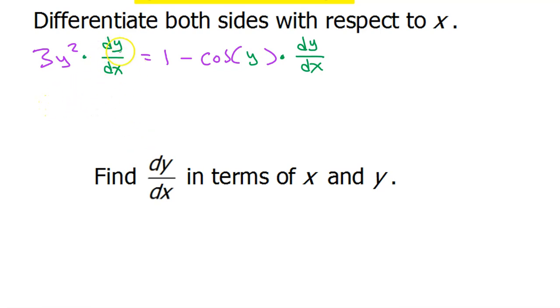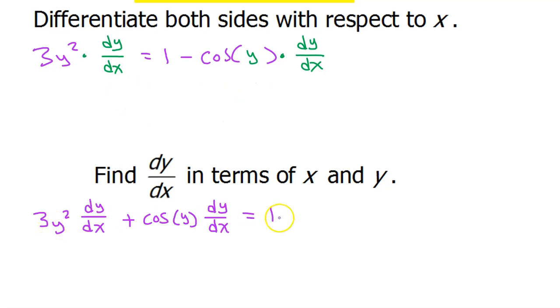I'm noticing that we have this dy dx here and here. So the first step is to get both of the factors that involve dy dx together on the left side of the equation. So I'm going to add this entire term to both sides of this equation, effectively moving it over to the left. So now we have this.